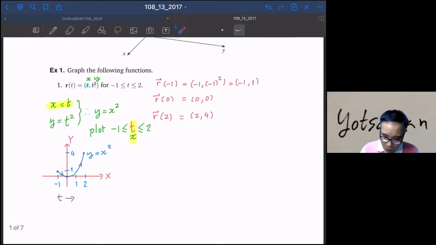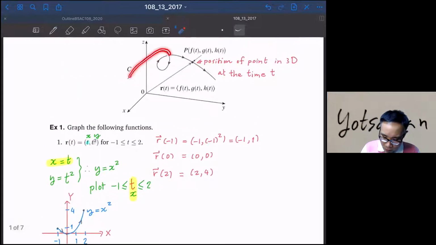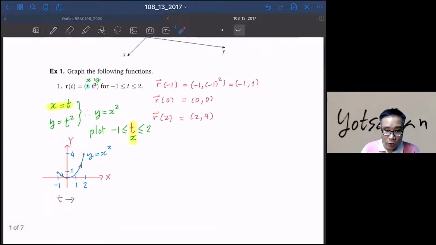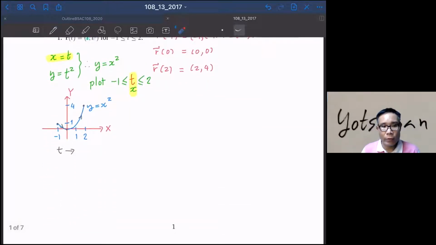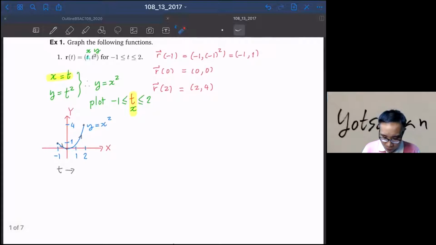You use a small arrow to indicate the movement of your vector valued function. It moves from -1 to 2, from the left to the right side. So you convert from the vector valued function into a function that lets you know the graph.